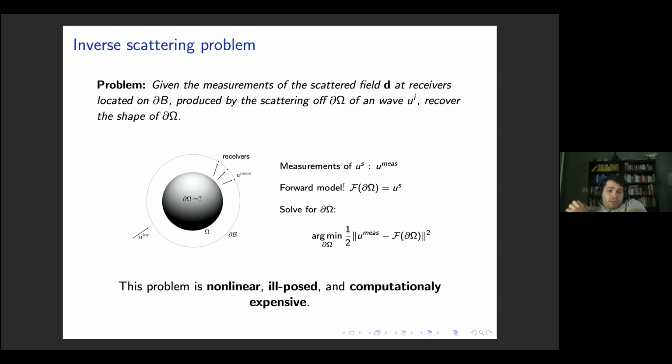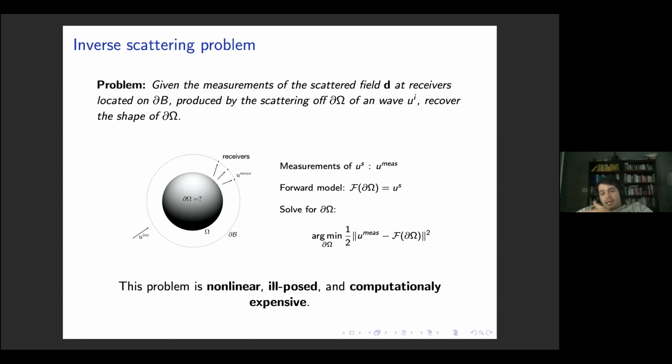And what we want to do is recast this problem into an optimization problem where we want to find the shape of the obstacle that minimizes this objective function here. What is interesting in this problem is that, like most inverse problems, it is non-linear.